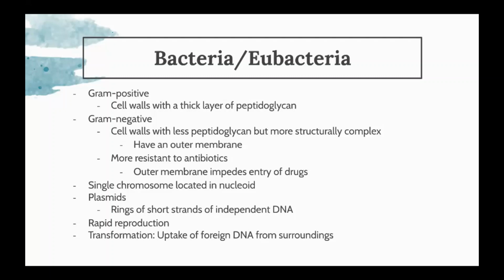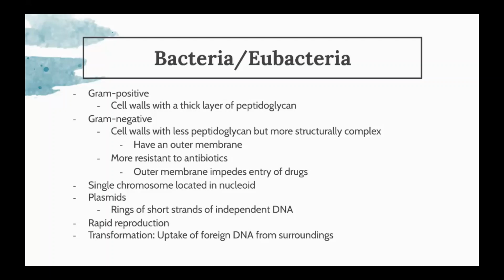Also, bacteria reproduce really rapidly, but it's asexual reproduction, so it just duplicates itself. Because it's so quick, there's also going to be a lot of mistakes when copying the DNA, and this can lead to a lot of mutations. These bacteria change really, really quickly.